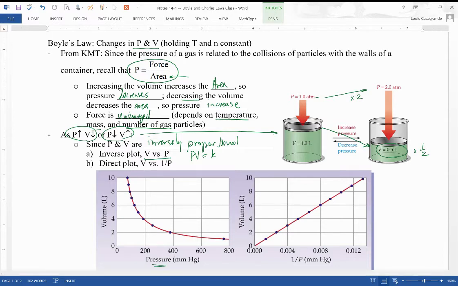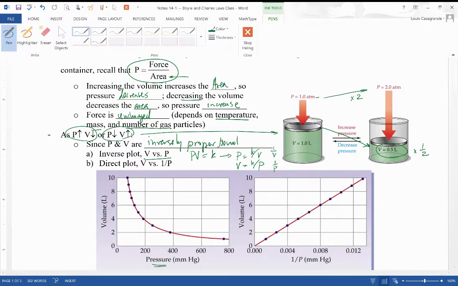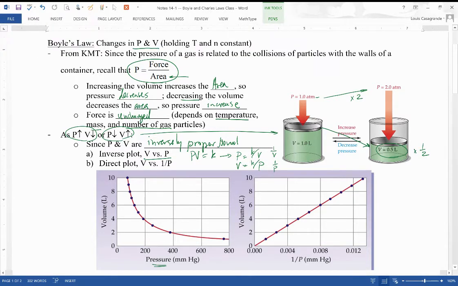And what that means is that we can rearrange this and find that the pressure is equal to K over volume, or the volume is equal to K over pressure. And that's why we call this an inverse relationship, because the X value becomes either 1 over volume or 1 over pressure. And that 1 over volume is what you're going to be seeing in your lab, where X is equal to 1 over volume.